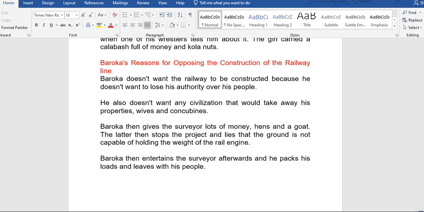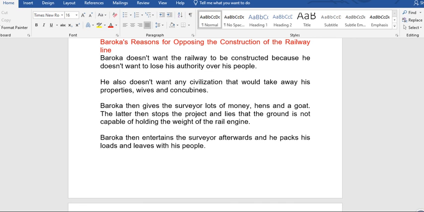Baruka's reasons for opposing the construction of the railway line: he doesn't want the railway to be constructed because he doesn't want to lose his authority over his people. He also doesn't want any civilization that will take away his properties, wives, and concubines. Baruka then gives the surveyor lots of money, hens, and a goat.